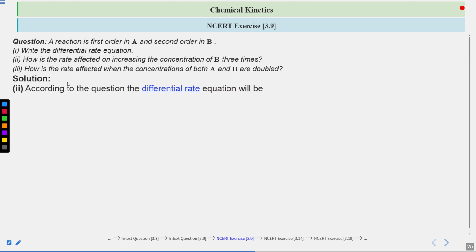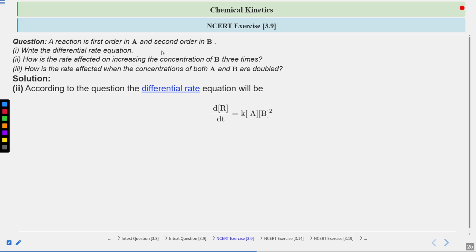The second question was how the rate is going to be affected if you increase the concentration of B three times. According to the question, the rate equation is minus dR by dt equals k times A concentration and B concentration to the power 2 because it is second order.